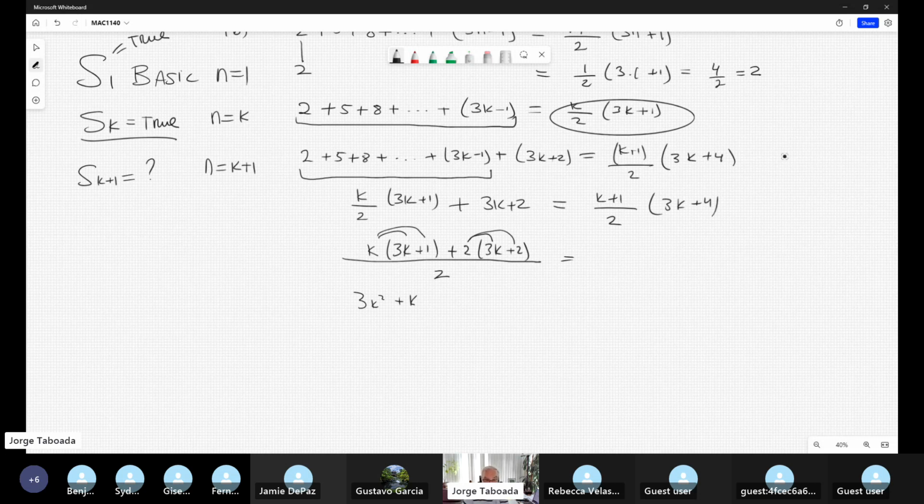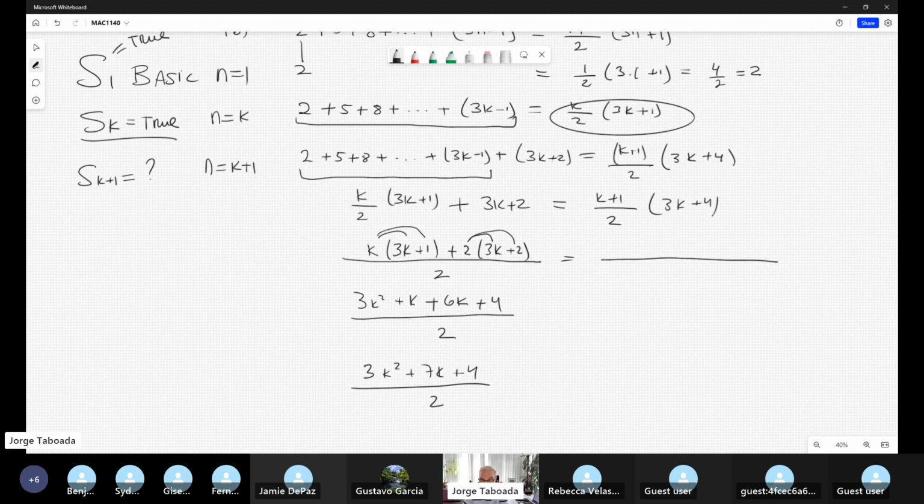This is plus 6k plus 4, divided by 2. We combine later as 3k squared plus 7k plus 4, divided by 2. Okay, for a moment, leave it like that.